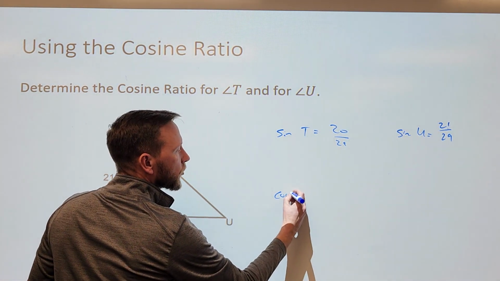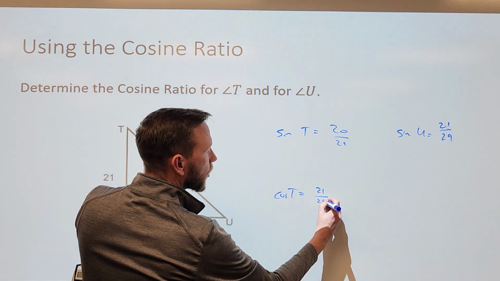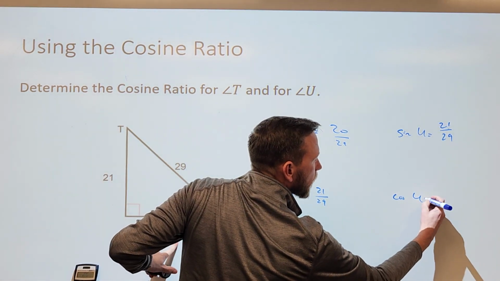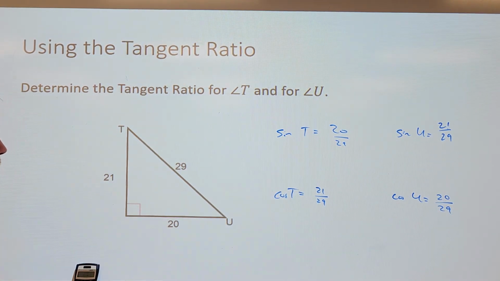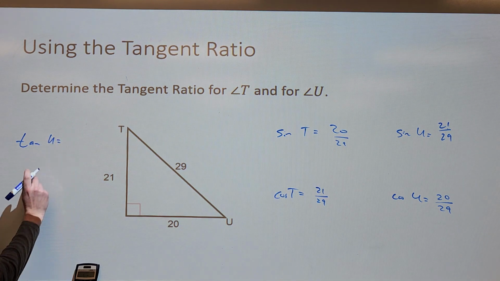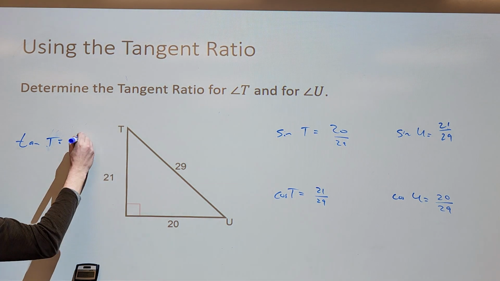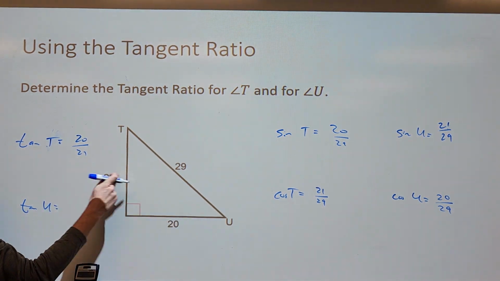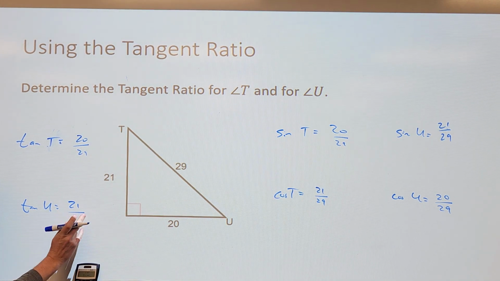The cosine of angle t is equal to adjacent over hypotenuse, 21 over 29. The cosine for angle u was equal to 20 over 29, the adjacent over the hypotenuse. And then the tangent, I'm going to put this over here just for space's sake. The tangent for angle t is again opposite over adjacent, 20 over 21. The tangent for u is opposite over adjacent, 21 over 20. So we had those from our notes last time.